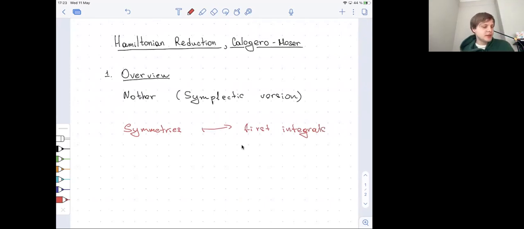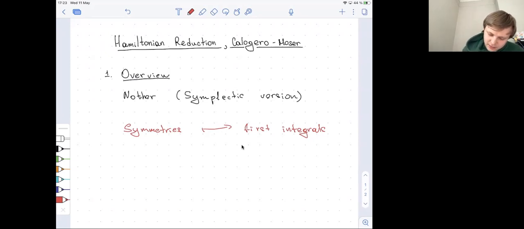This means that if you have some symmetry in your system, you can reduce degrees of freedom by resolving these first integrals. But when I first saw this theorem, I definitely understood the content of this theorem, but I didn't really understand how to use it explicitly.